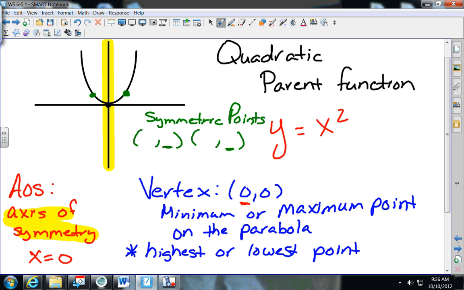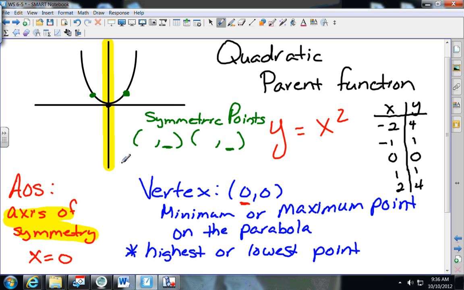So in the quadratic parent function, if I had a table for it, we'd have (-2, 4), (-1, 1), (0, 0), (1, 1), and (2, 4). Where am I coming up with that? If you put x squared into y equals and press table or second graph, it would give you these points.